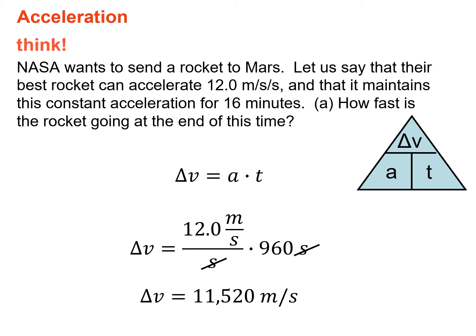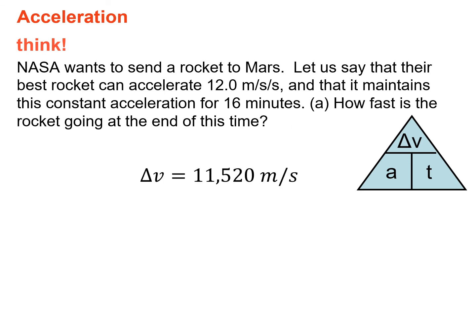But that's a change in velocity. What we want is a final velocity. So let's write down what delta V means. Delta V is final velocity minus initial velocity.